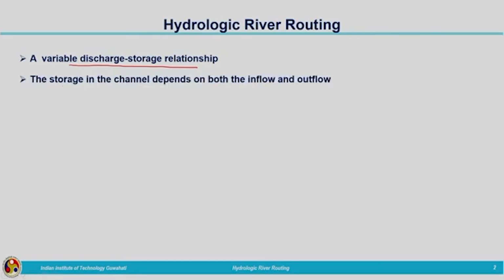The storage in the case of channels depends on both the inflow and outflow. On the other hand, in the case of reservoirs, the storage was a function of outflow only. There was no relationship with respect to inflow.